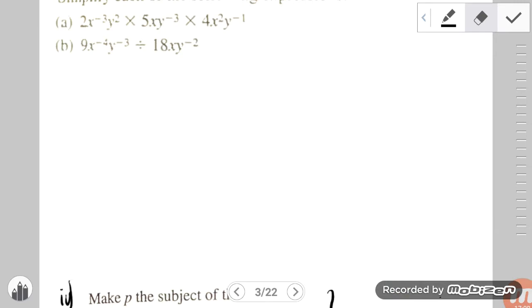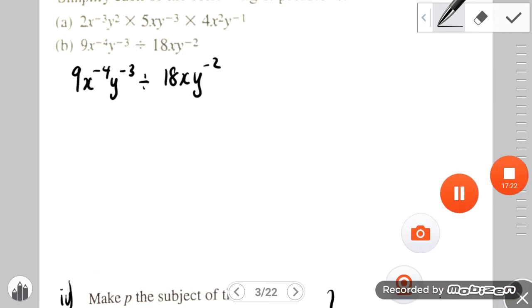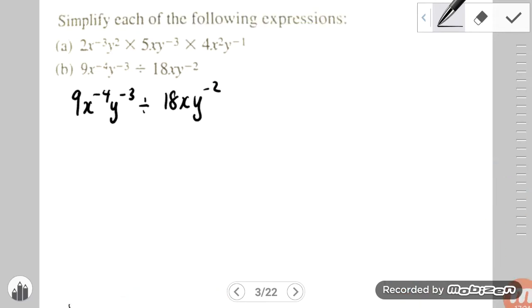So the next question here is going to be 9x to the minus 4 y to the minus 3 divided by 18x y to the minus 2. So now 9 divided by 18, let's just write that here in a bracket, and then we're going to segregate the x's from the y's.